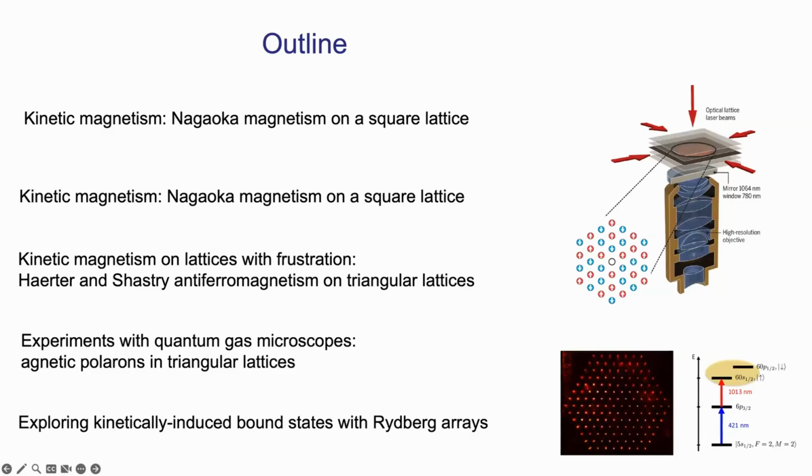Then we will move to see how it gets modified in lattices with frustration, specifically triangular lattices. And here the original idea, the first time this analysis was done, was by Haerter and Shastry. And then I'll talk about experiments which have explored this phenomenon in quantum simulators. So this will be quantum gas microscopes and then Rydberg arrays.